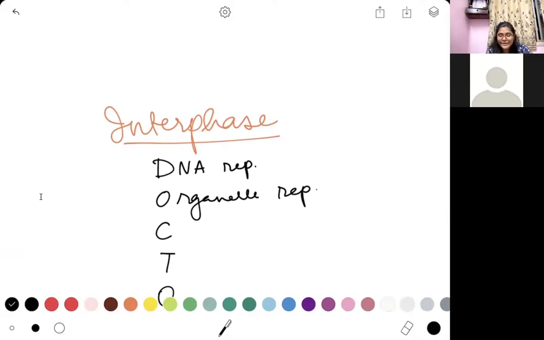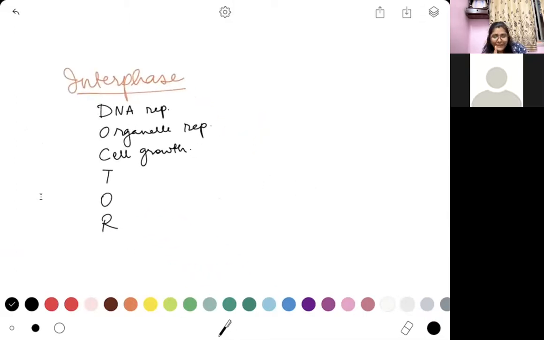You are also going to see that it is during your interphase that your cell is undergoing cell growth. It is also during this time that the process of transcription and the process of translation, something that we are going to discuss in your chapter on nucleic acids, is taking place at interphase.